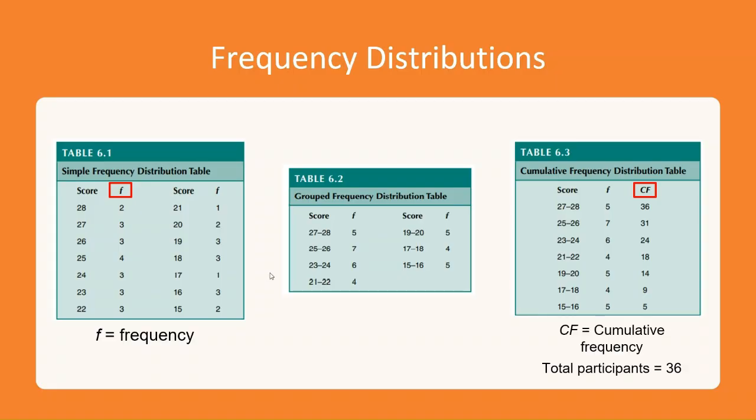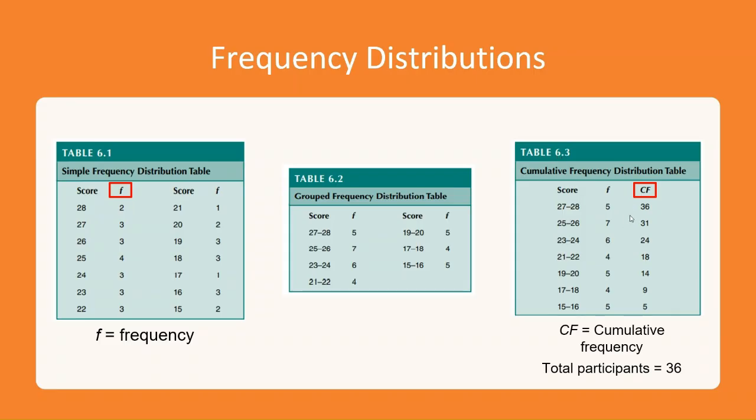In that case, we often group the scores into intervals, just like you see in table 6.2. This helps organize the data and makes it easier to interpret. Another helpful feature is the cumulative frequencies, or CF, shown in table 6.3.